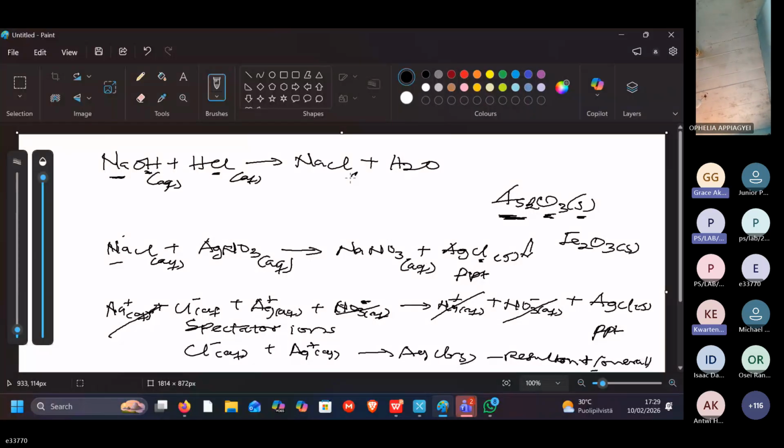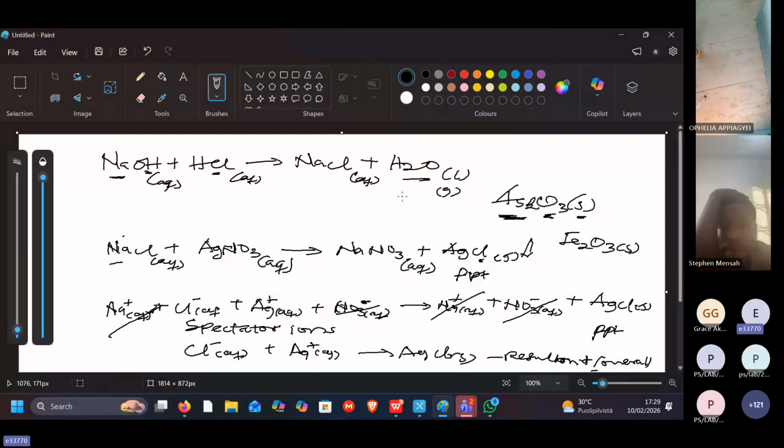Aqueous. The water is in its molecular form, so we can say that it's either liquid or it can be a gas. So we can predict the state of these compounds.